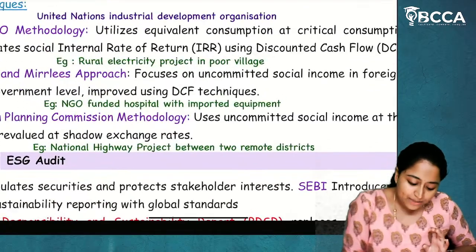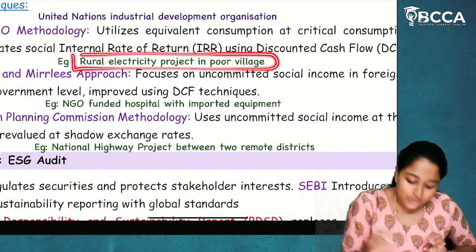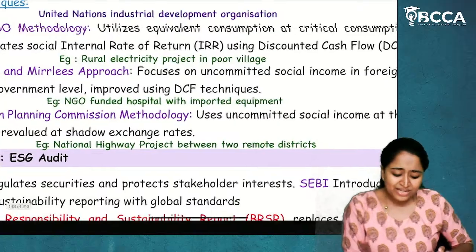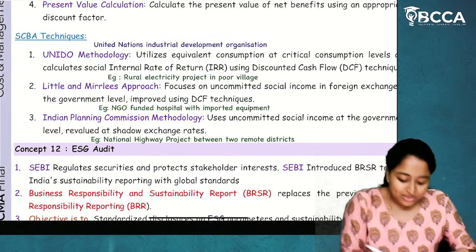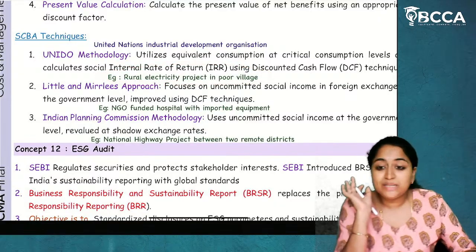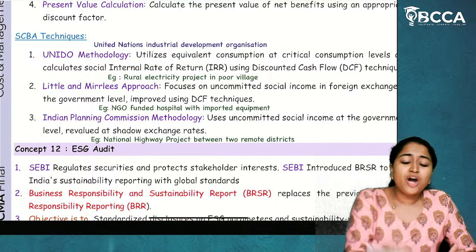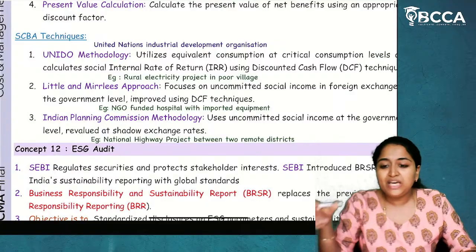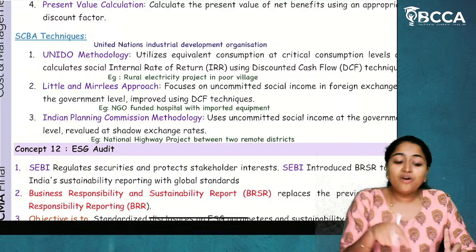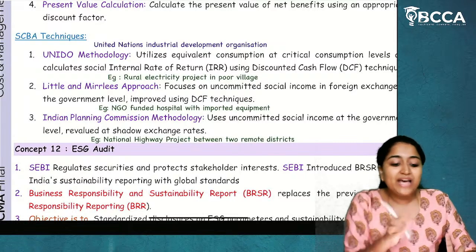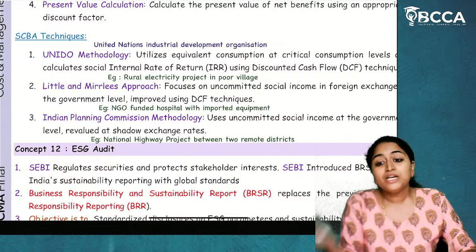See, for example, there is a rural electricity project in a poor village. Now, if any organization comes and puts a cost into a rural electricity project in the poor village, they will not get the return which is available in the urban area, but they are putting the cost for that. Now, how are they getting the benefit? They are getting the benefit from the society.